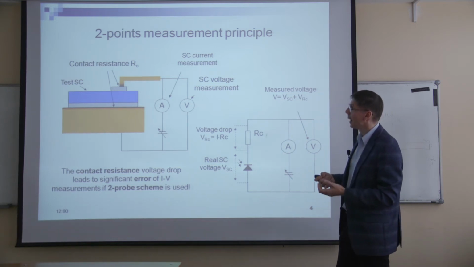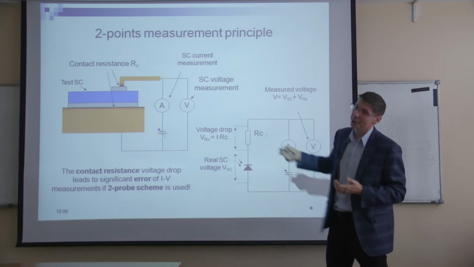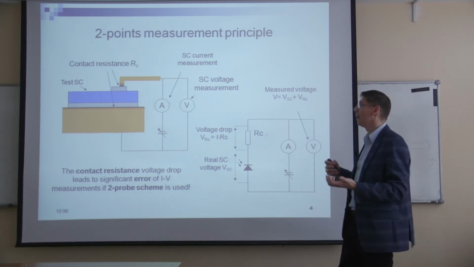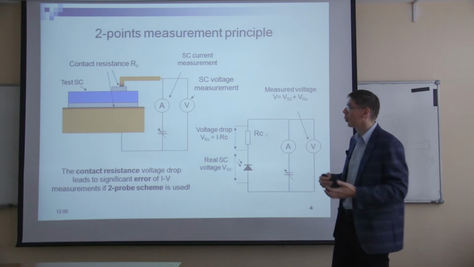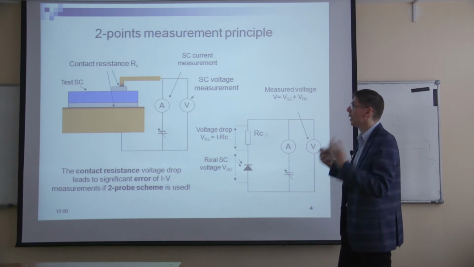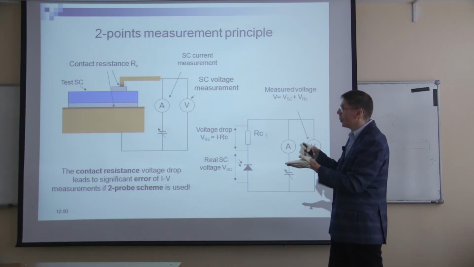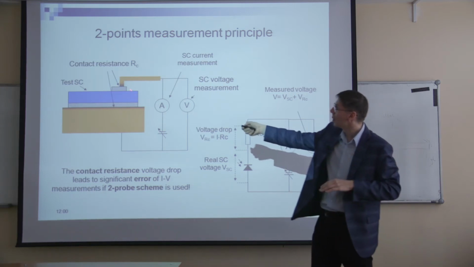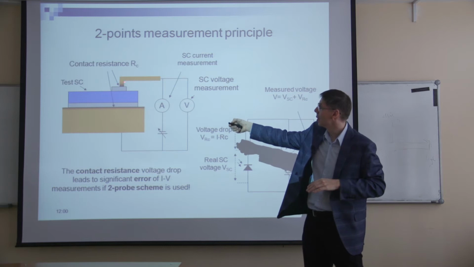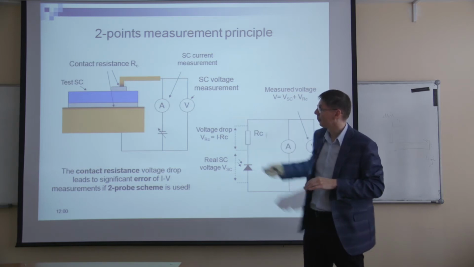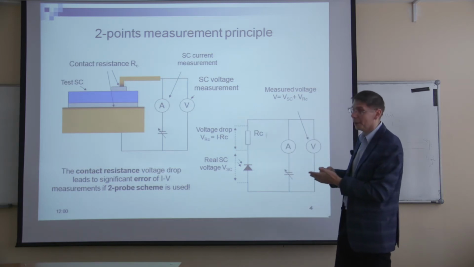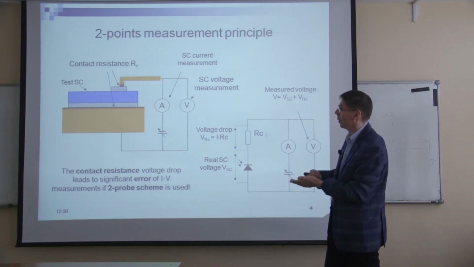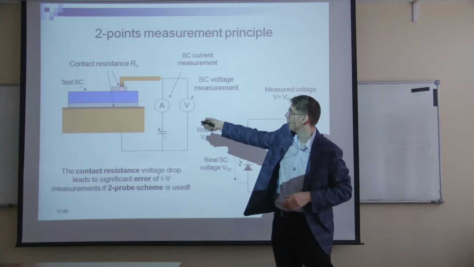In this case you can get some contact resistance, which is not really related to the internal properties of the solar cell. It's just related to your measurement circuit. I mean, I'm speaking about the contact resistance between the measurement tip and the metallic contact of the solar cell. It's nothing to do with internal properties.